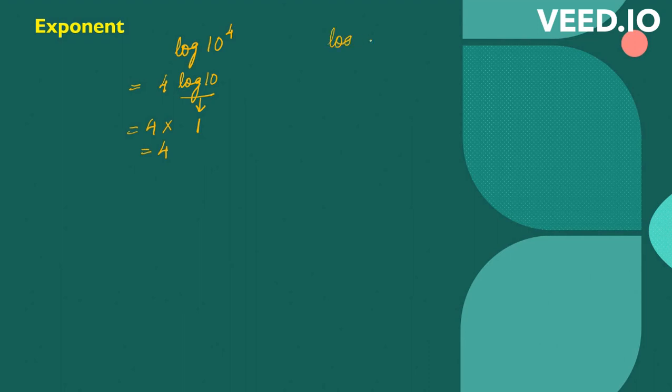Now suppose log 10 raised to power minus 4 is there, then it is the same. So this whole exponent will come down: minus 4 log of 10. That is equal to minus 4 into 1, that is equal to minus 4. Getting the point, class? When the exponent is minus, the answer you will get is minus. If it is positive, you will get positive.